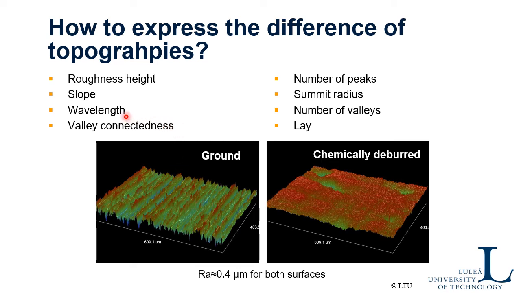That could be important for a seal surface, for example. The number of peaks could be interesting. The summit radius is very interesting because, again, if you have a big summit radius, you have a small slope. So that could be good from a tribological point of view. The number of valleys are sometimes important.